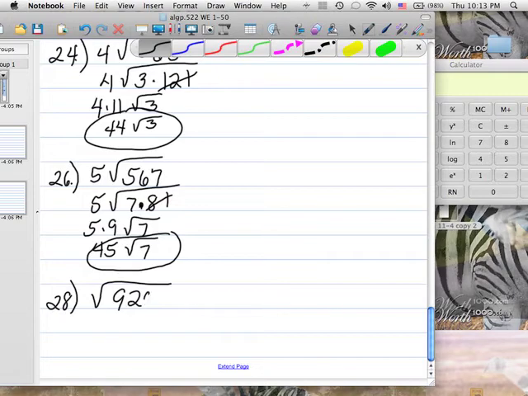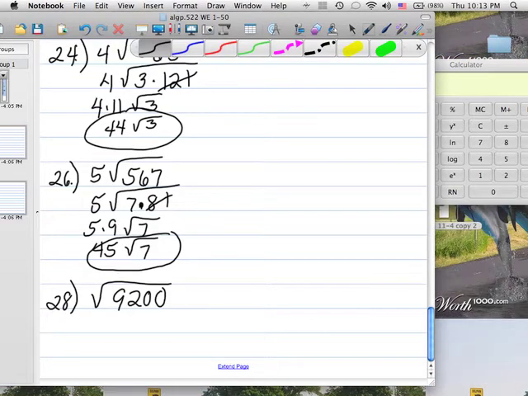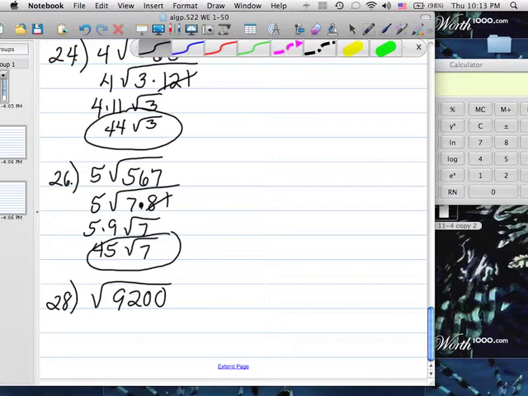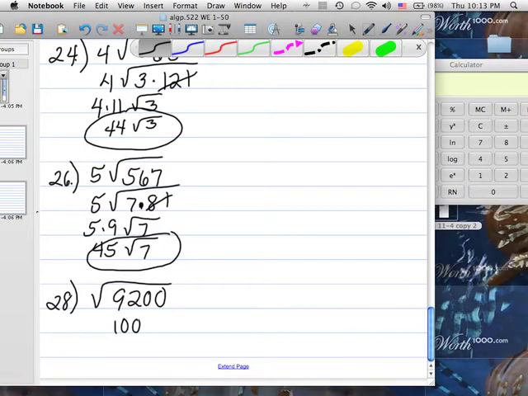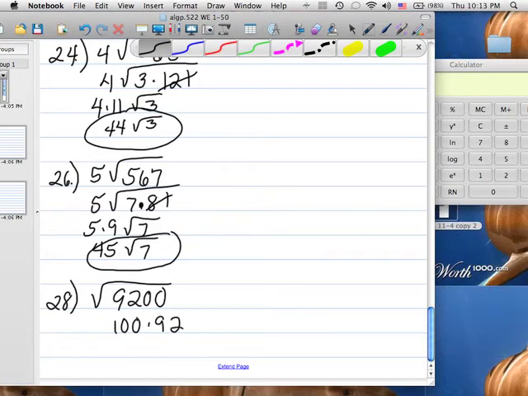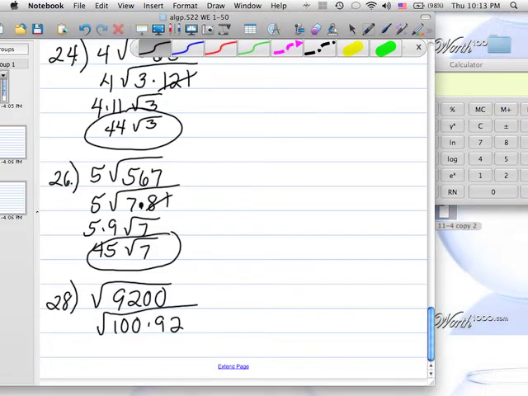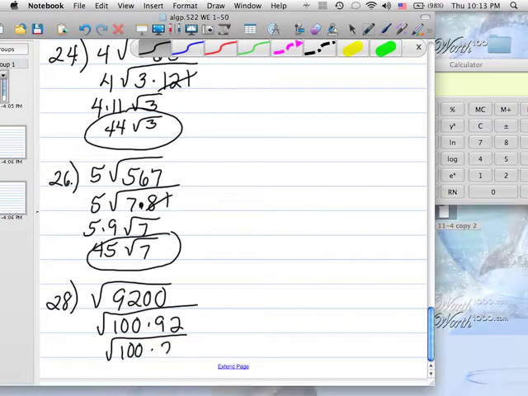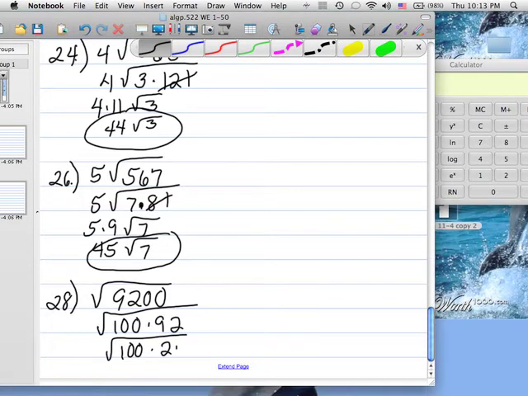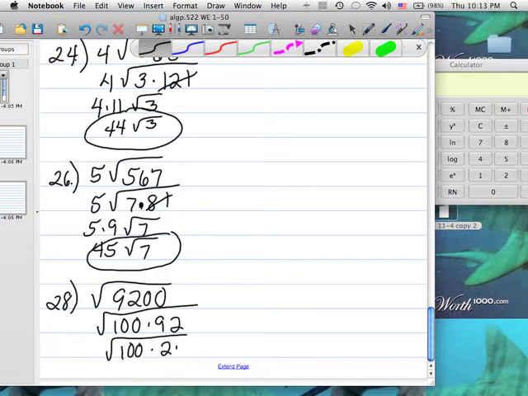Number 28, I have the square root of 9,200. So I know that's 100 times 92. And square root of 100 is a perfect square. 92 is 2 times, let's see, does 4 go in there?